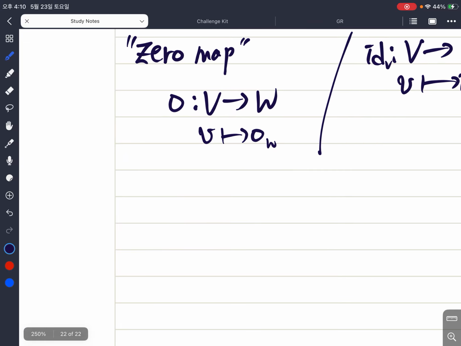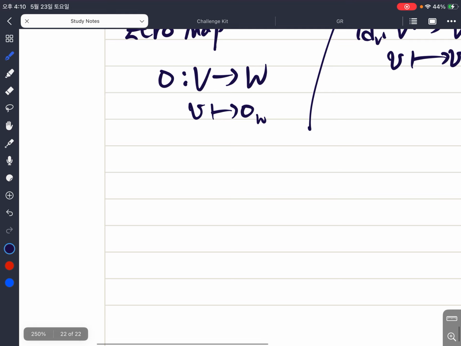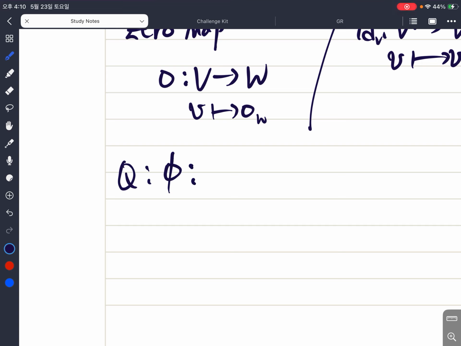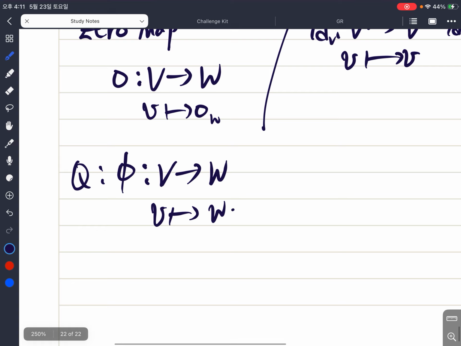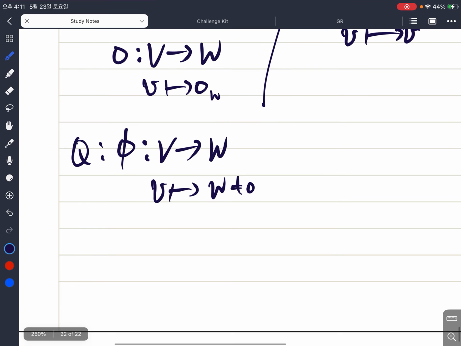And above, I send everything to 0. Can you send everything to something else? No. If you send everything, for example, let me write similarly phi from V to W, and everything is sent to some w that is non-zero but unique. If you send everything to some w, then this is not linear.